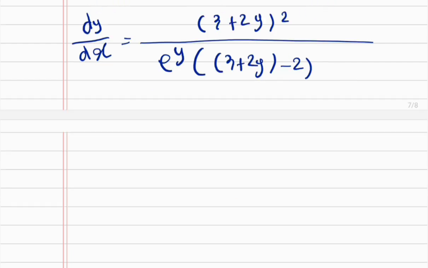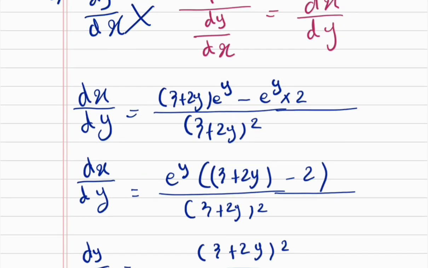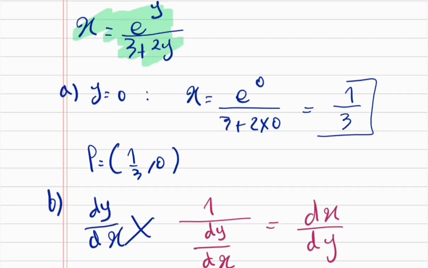Now this is the interesting part, because typically when we find dy dx, we substitute x into dy dx to find the gradient. But here dy dx is written in terms of y, so we can't substitute x. But what we can do is substitute y, because we have the point 1/3, 0.